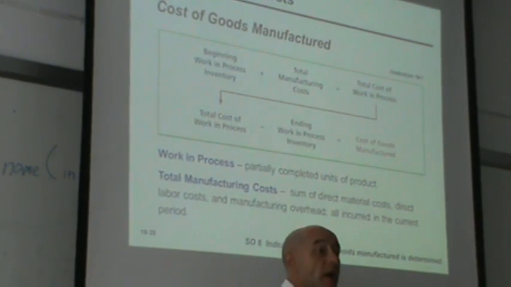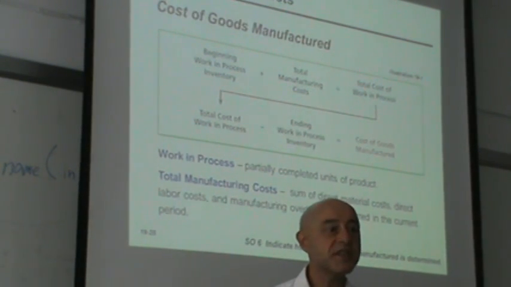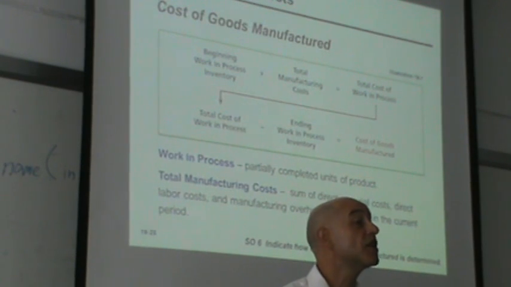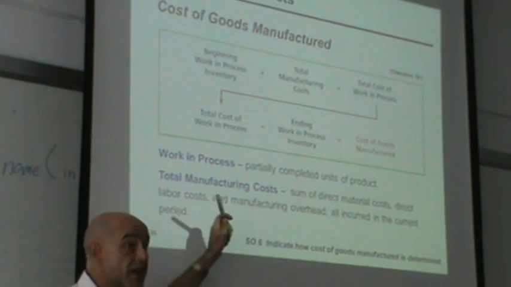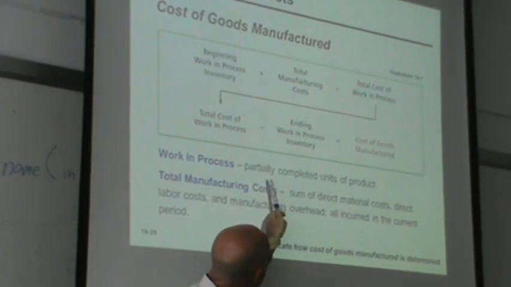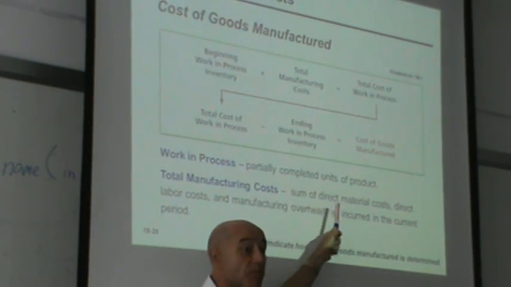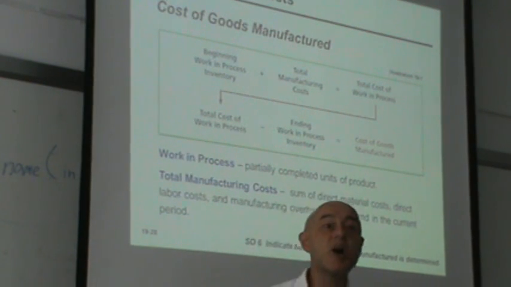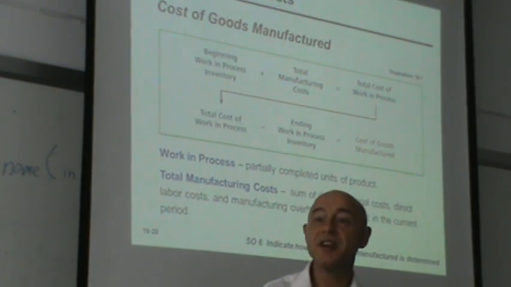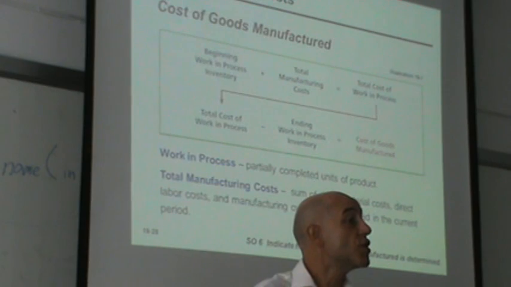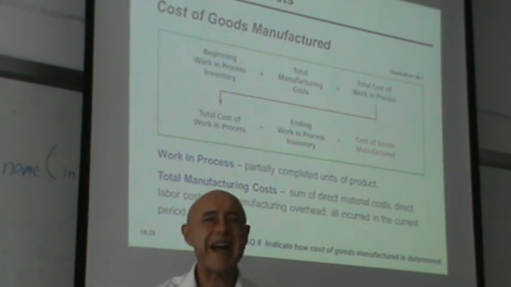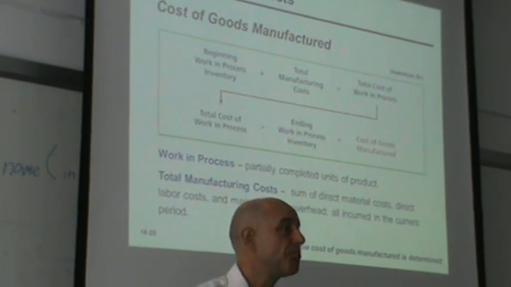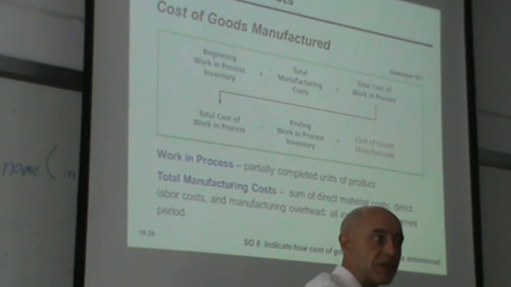Okay? So now we need to say, what is work in process? Work in process is partially completed product. So, product which is not complete. For example, you are making cars, okay? And the car is maybe half complete or 1/3 complete or 1/4 complete, okay?